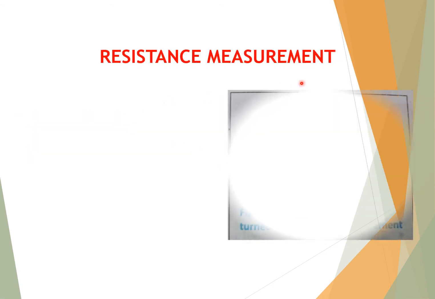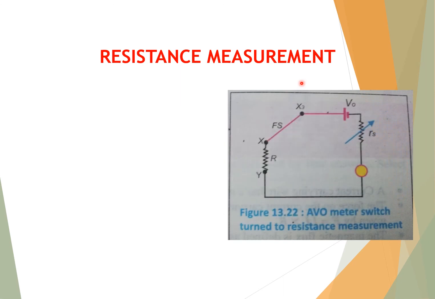Resistance measurement. Now AVOMETER is connected to the resistance measuring circuit, that is represented by X3. When the selector switch is connected with X3, we can determine or calculate the resistance with the help of this resistance measuring circuit, the ohm meter. Now this battery is connected with the galvanometer, and there is a small amount of resistance connected with it.